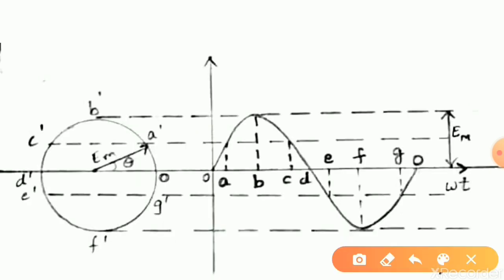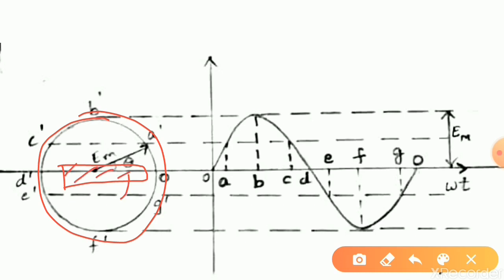Let us consider a coil placed in a magnetic field. There are two methods to generate AC voltage: by rotating a coil at constant speed in a magnetic field, or by rotating a uniform magnetic field at constant speed within a stationary coil.